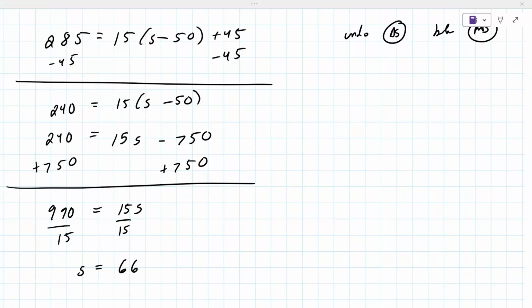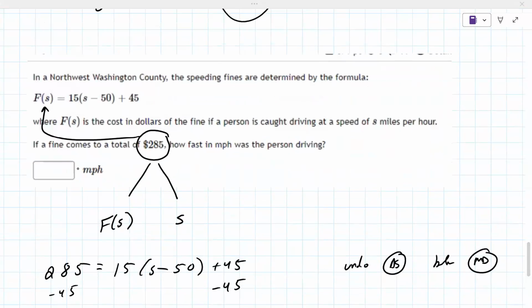Do you have to plug that s into there now? No, that is the answer. That's saying 66 miles per hour.